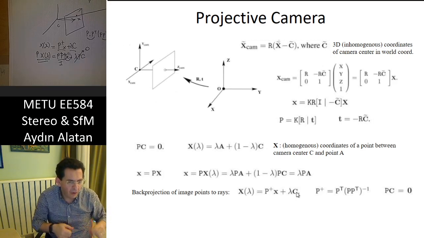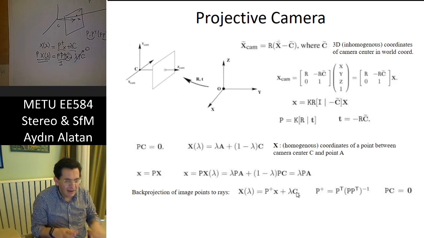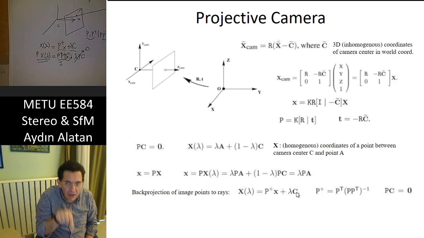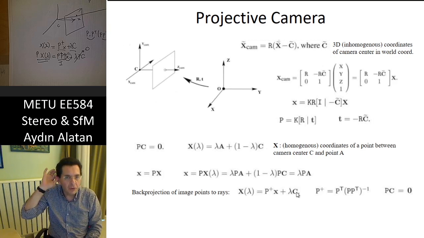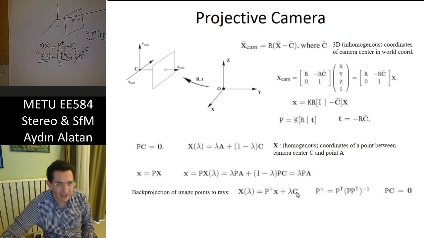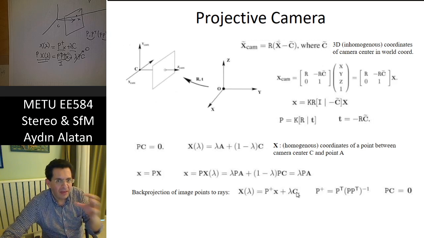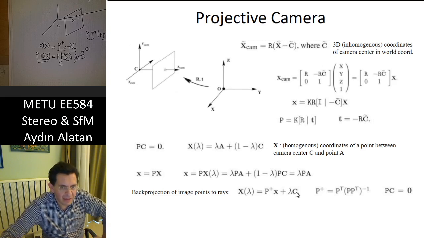Therefore, this is what we are after. This is how we back project image points to rays going to infinity: simply the pseudo inverse of your projection matrix times x, and you have to add the camera origin point C, and the lambda parameter is just showing where you are on your infinite ray, the parametric variable of your ray.